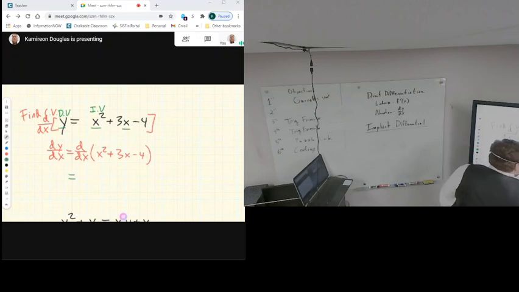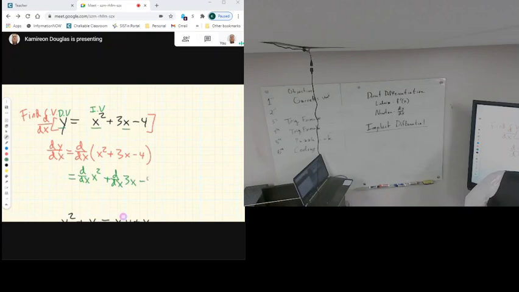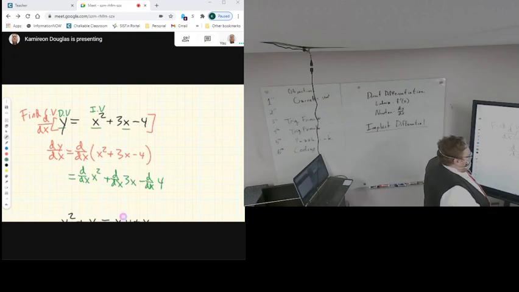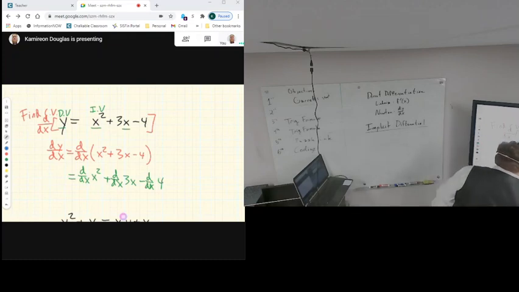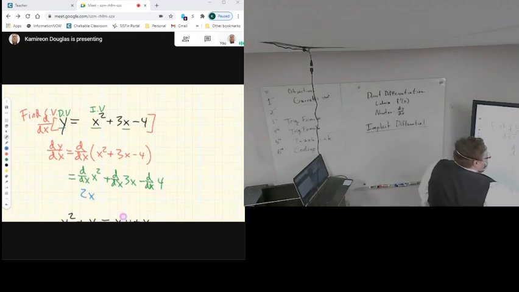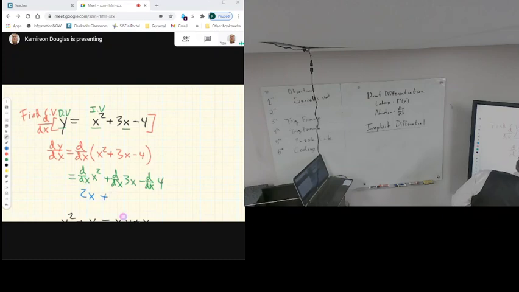You distribute the d dx over, so we get d dx of x squared plus d dx of 3x minus d dx of 4. As you do this, they apply the same rules we had before. The derivative of x squared, of course, is 2x. The derivative of 3x is 3. The derivative of a constant is 0. And that's where we get the 2x plus 3 from.